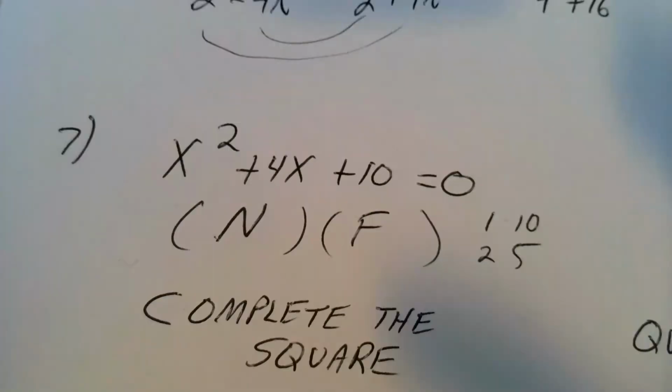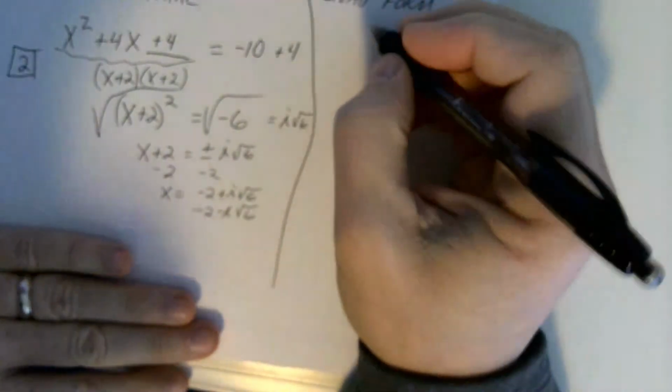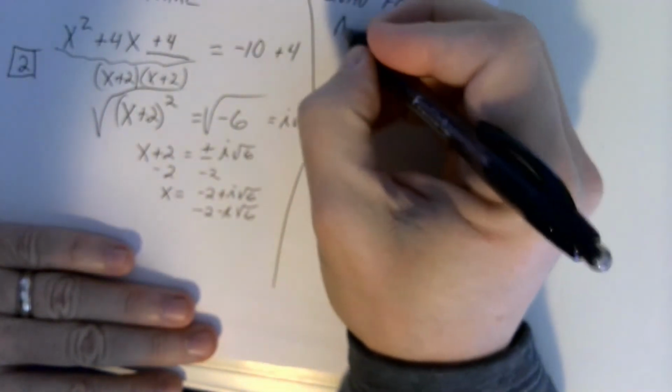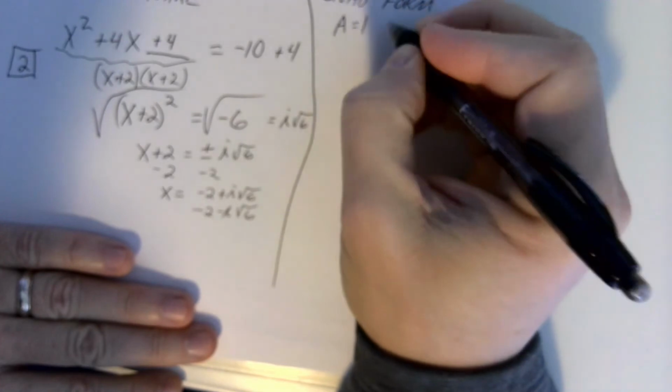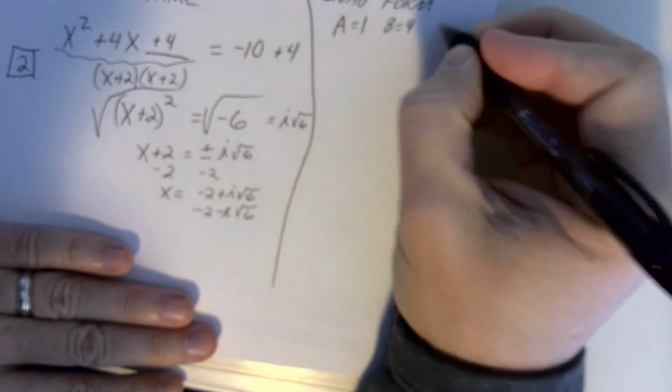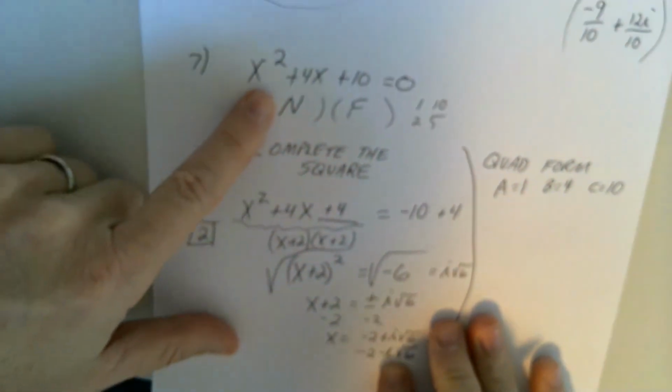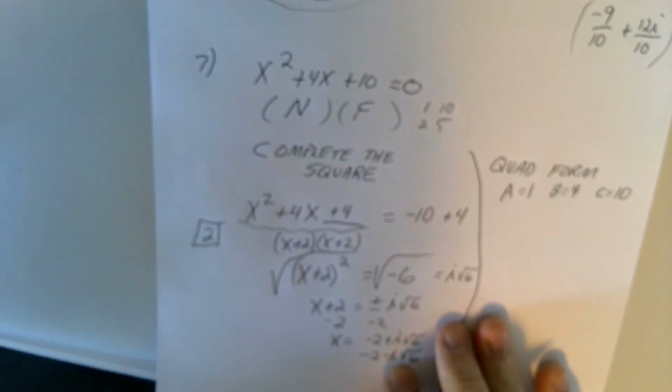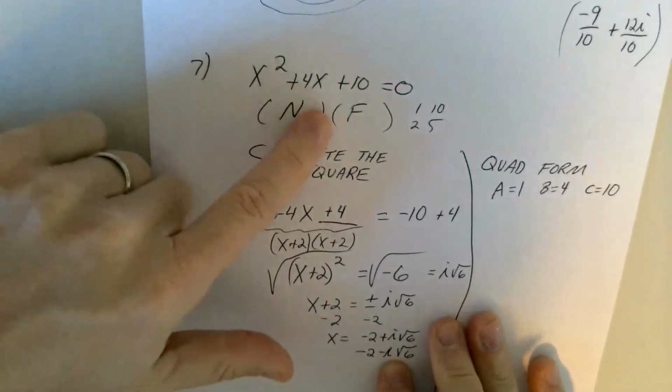I'm going to do the same thing here now. I'm doing it with the quadratic formula. So I'm going to go ahead and write them down. A is equal to 1. B is equal to 4, C is equal to 10. Those are from right here, 1, 4, and 10, the A, B, and C from the original problem. Okay.